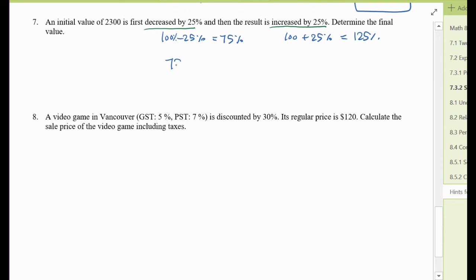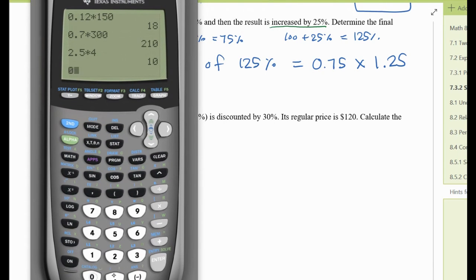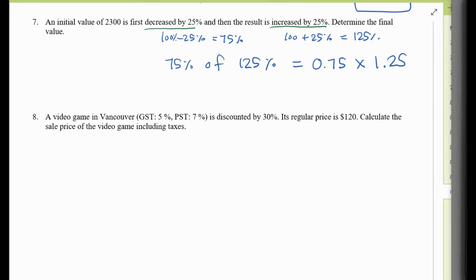So that is 75% of 125%. All right? And that is 0.75 times 1.25. So 0.75 times 1.25. That is 0.9375.